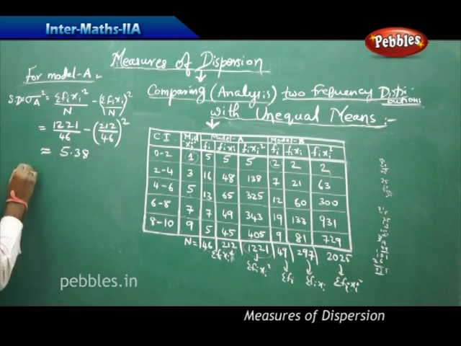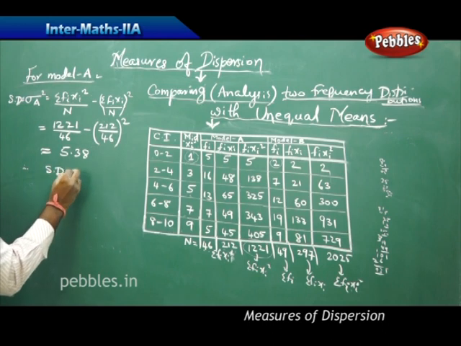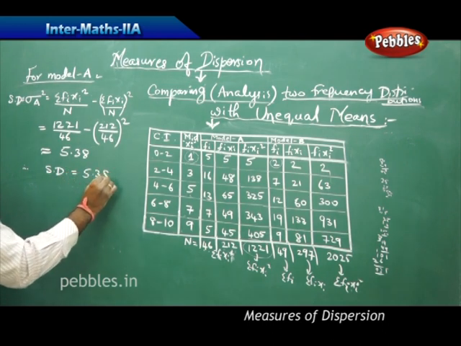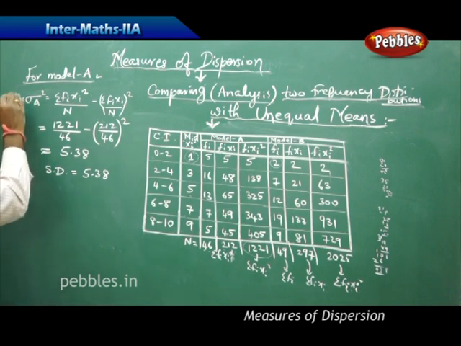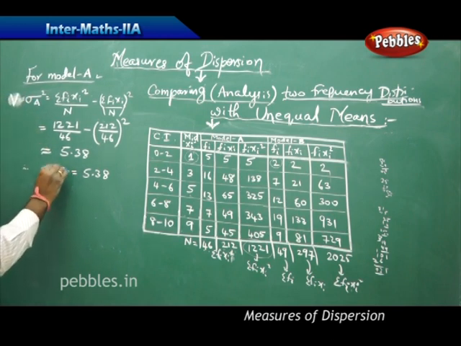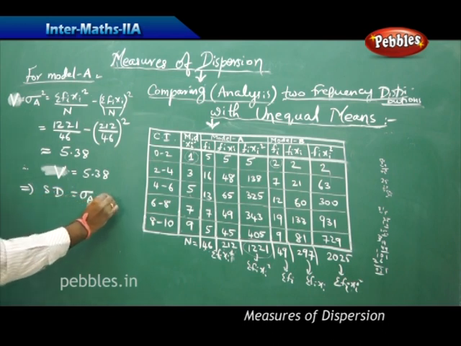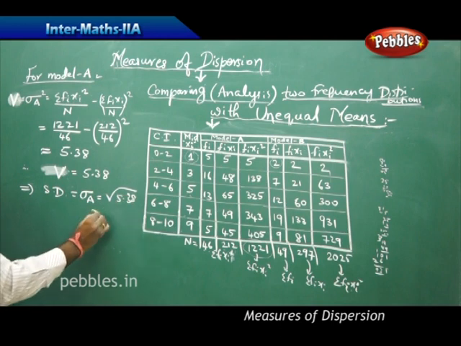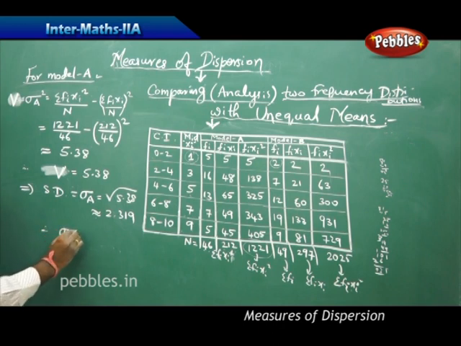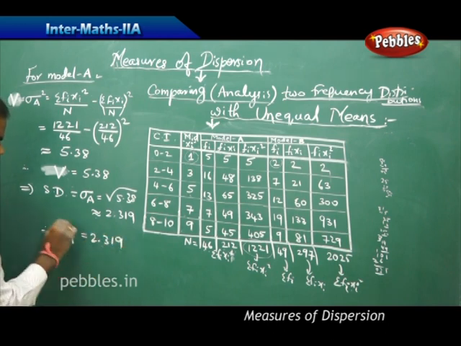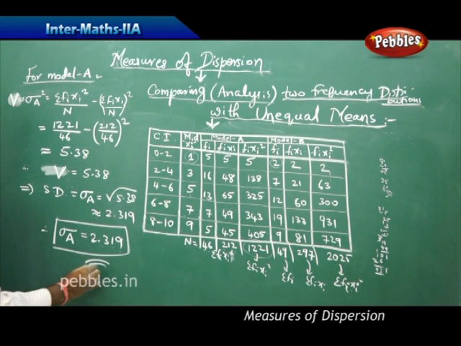Therefore the variance is 5.38, and that implies standard deviation sigma A is root of 5.38, which comes out to be approximately 2.319. Therefore, the standard deviation of model A is 2.319.